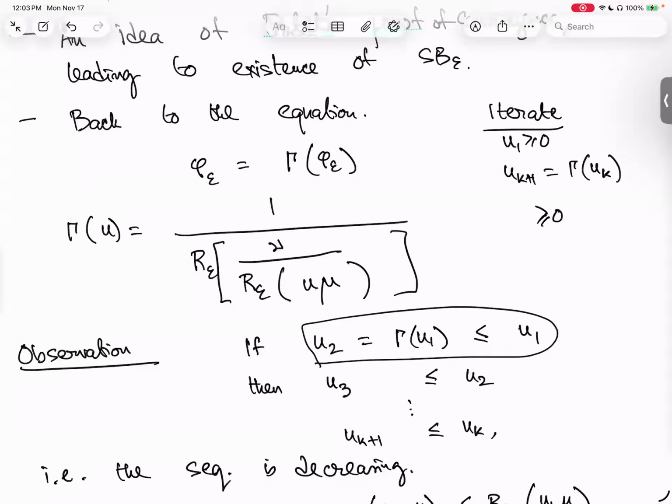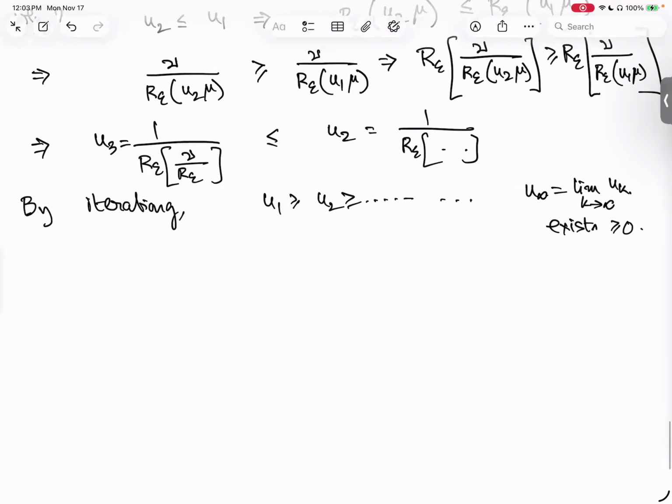If the limit exists, it's not very hard to see the limit will satisfy the fixed point equation, but I'm coming to that. Good. So the question is, how do I pick a U1 that will satisfy this constraint? So observation 2.